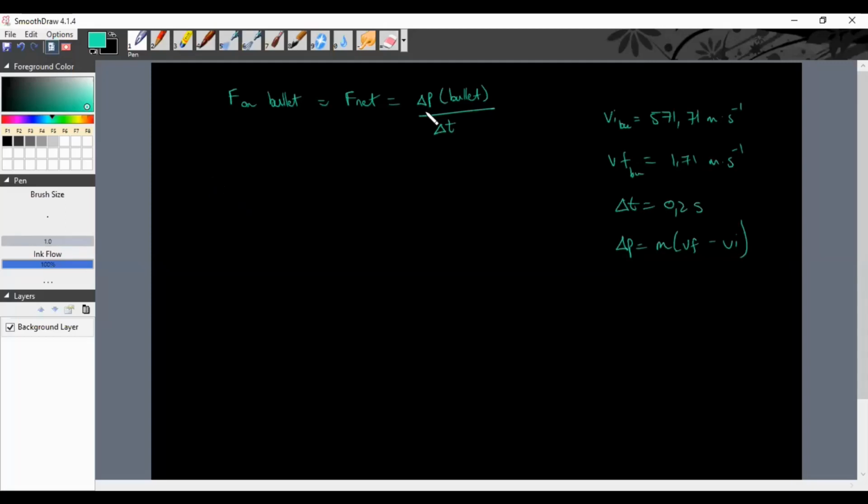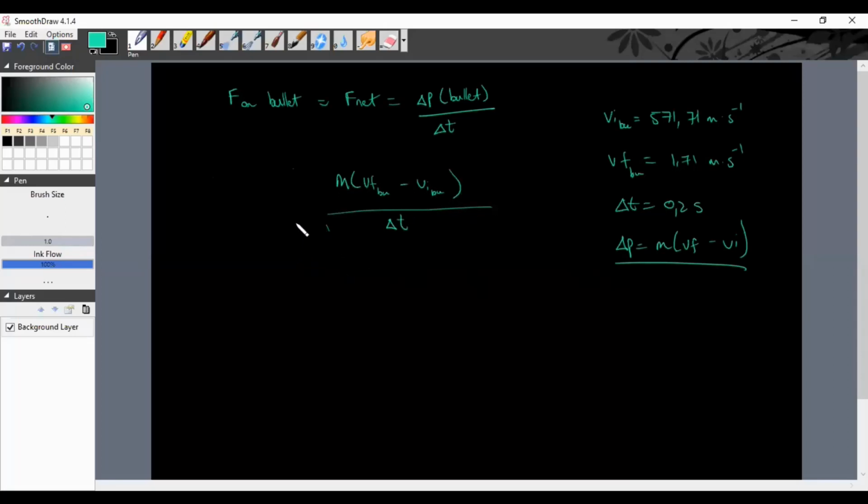So to further expand this part of the formula, we know that, like I mentioned, the change in momentum is given by this equation. So I'm going to expand that: Vf of the bullet minus Vi of the bullet, all multiplied by the mass, all divided by delta t.